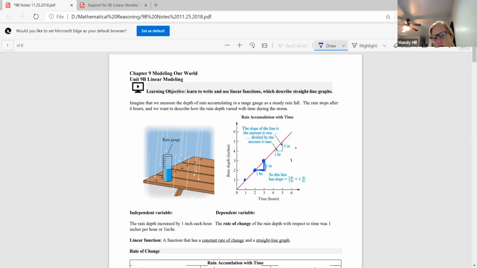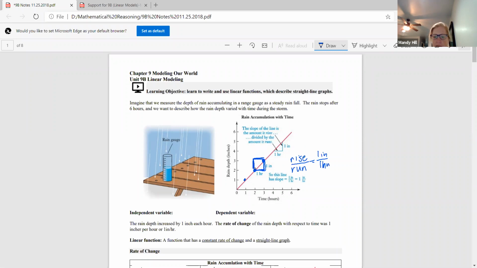Usually when we talk about slope, we talk about rise over run, but I like to go the opposite way and go up and over. What are the units when we go up? Inches. So we go up 1 inch and then go over, which is the run part, every 1 hour.